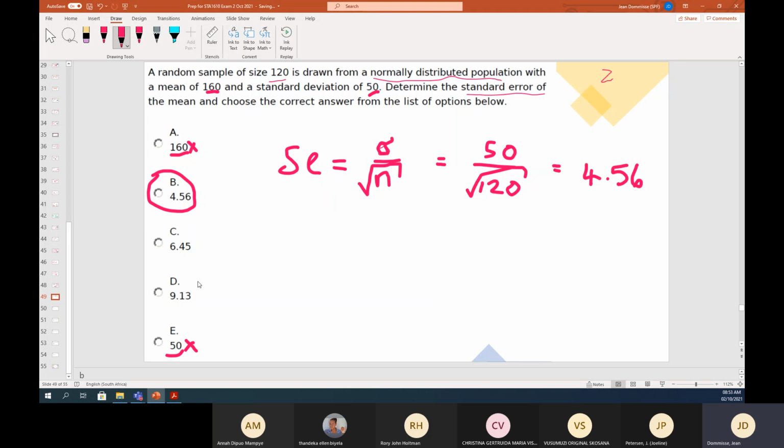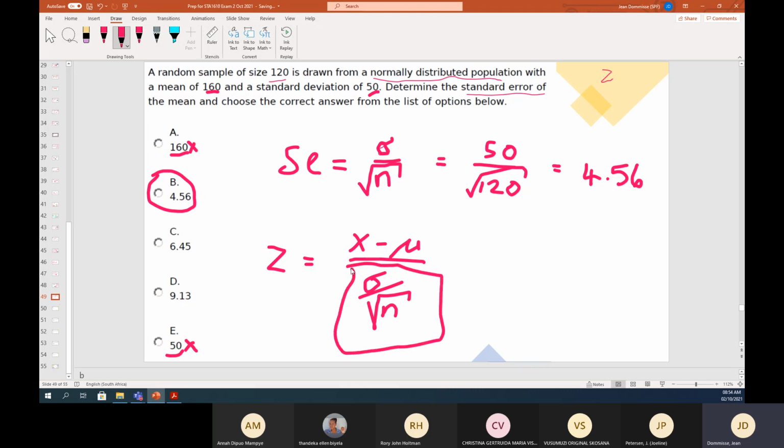Okay, so standard error is very straightforward, but we need to remember when we have this whole formula that we don't go the full route in actually working out the Z. We're only working with that part of the equation.